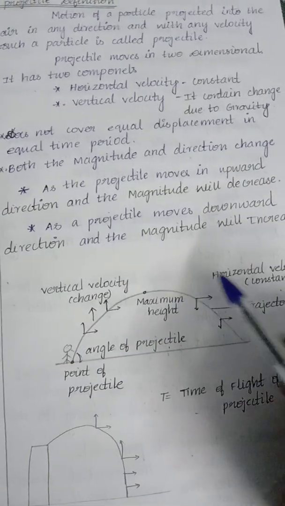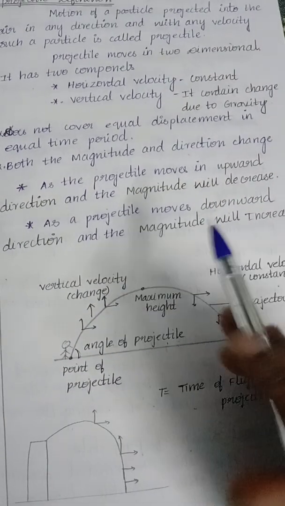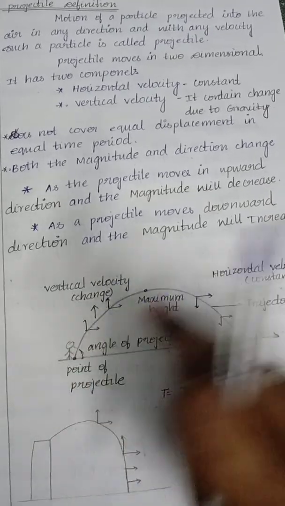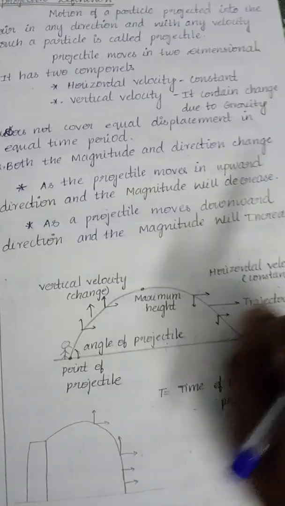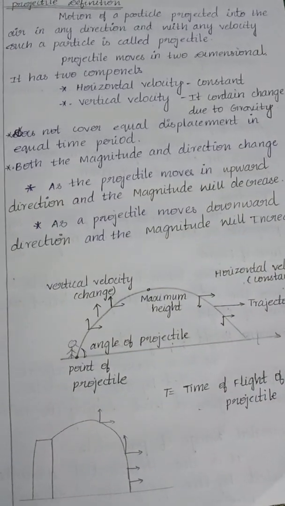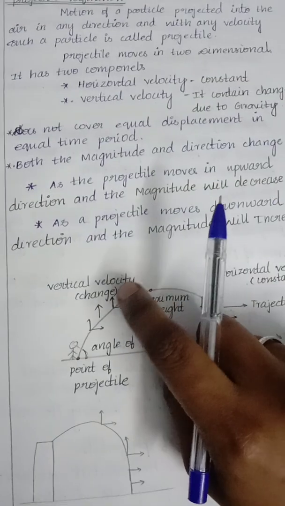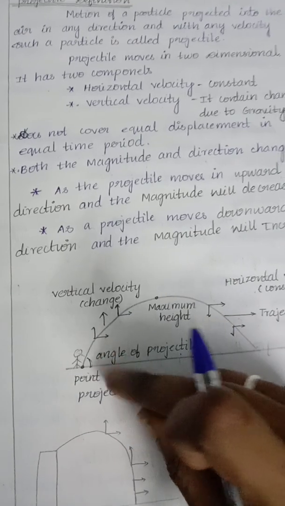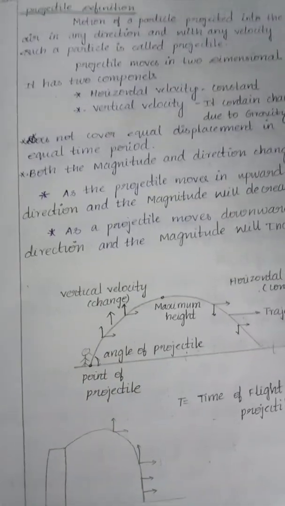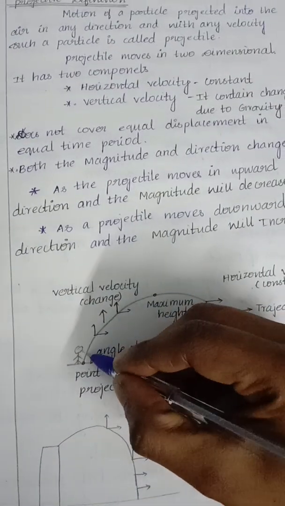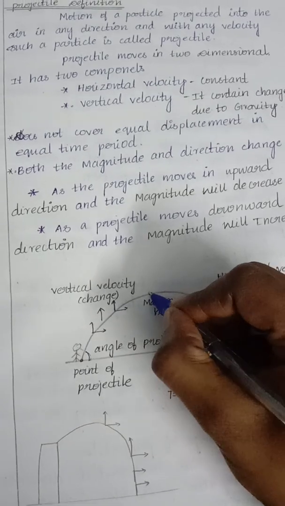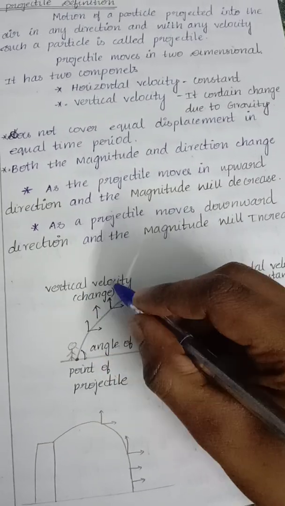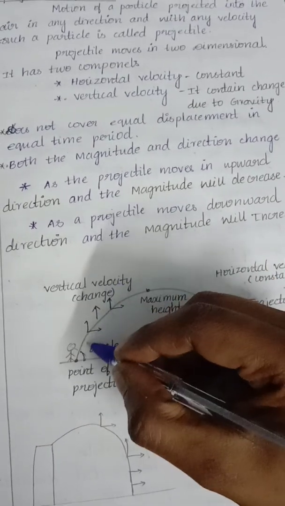The horizontal velocity remains constant because we throw a stone from this place to this place, so it remains constant along the ground path. The vertical velocity changes with height. If we throw a stone, it reaches some maximum height. It has some initial velocity.